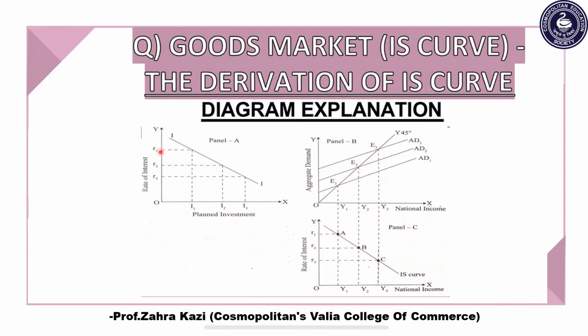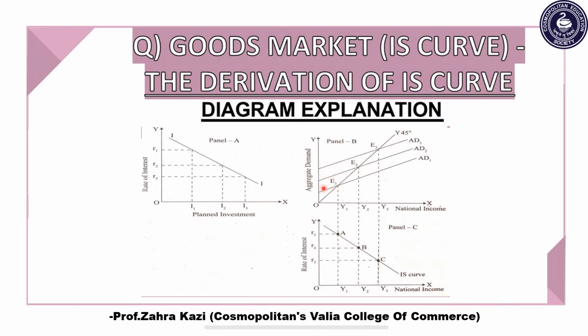Further students, at the rate of interest R1, our aggregate demand function is AD1. This AD1 aggregate demand function intersects the 45-degree line at point E1. So point E1 is the equilibrium point, and thus the goods market is in equilibrium at point E1.